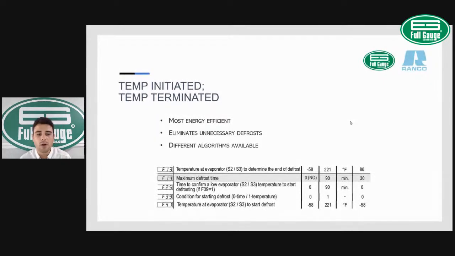But what we brought today was an example of how, with only 5 parameters, you can set this adaptive defrost cycle just by setting your coil temperature to start the defrost and how long that temperature has to remain in place to actually enter the defrost cycle. That way, you're preventing false defrost calls during that event.